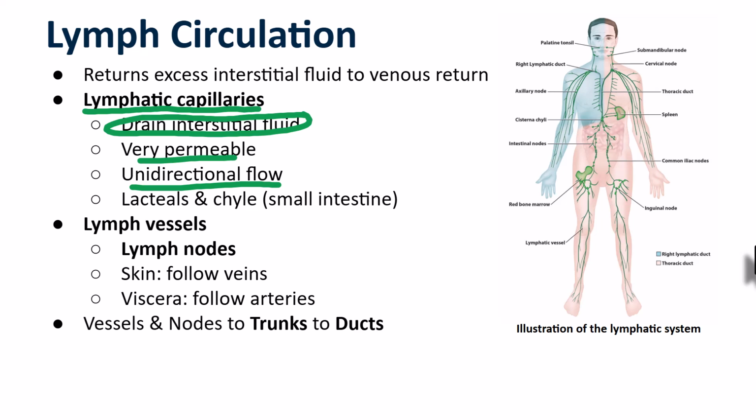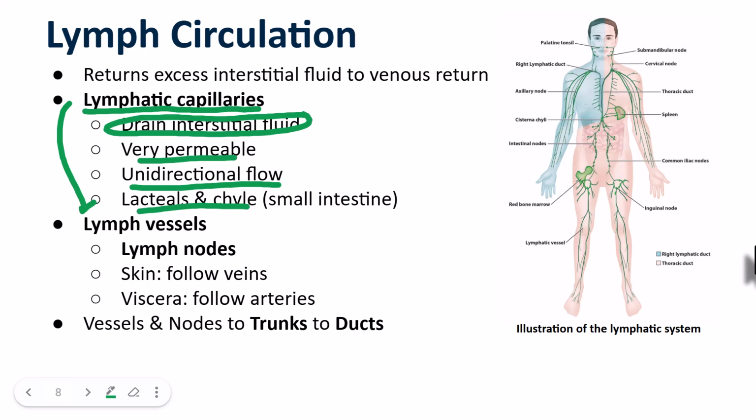There are specialized lymphatic capillaries in the small intestine, known as lacteals, that pick up chyle, which is lipid-rich substances, to help absorb that from the lining of the GI tract of the small intestine. Lymphatic capillaries feed into lymphatic vessels.